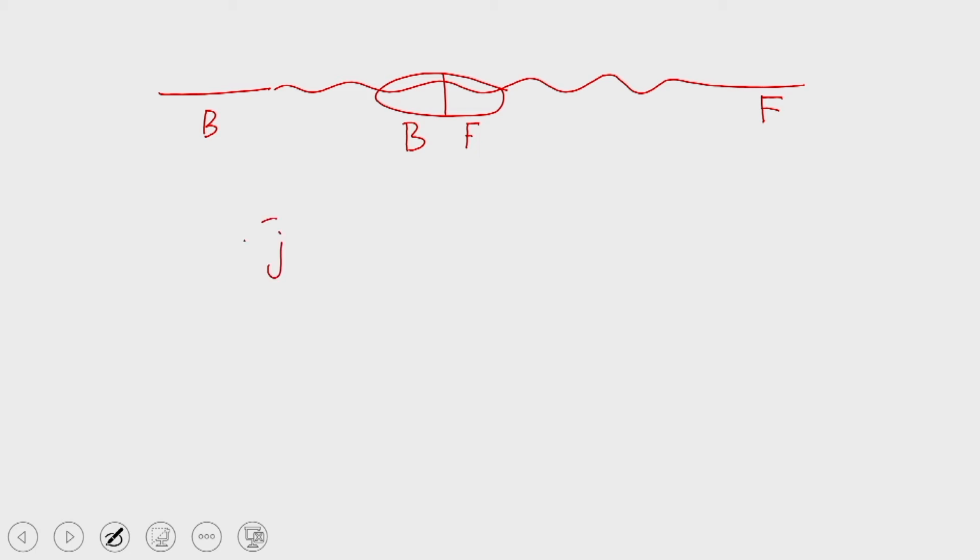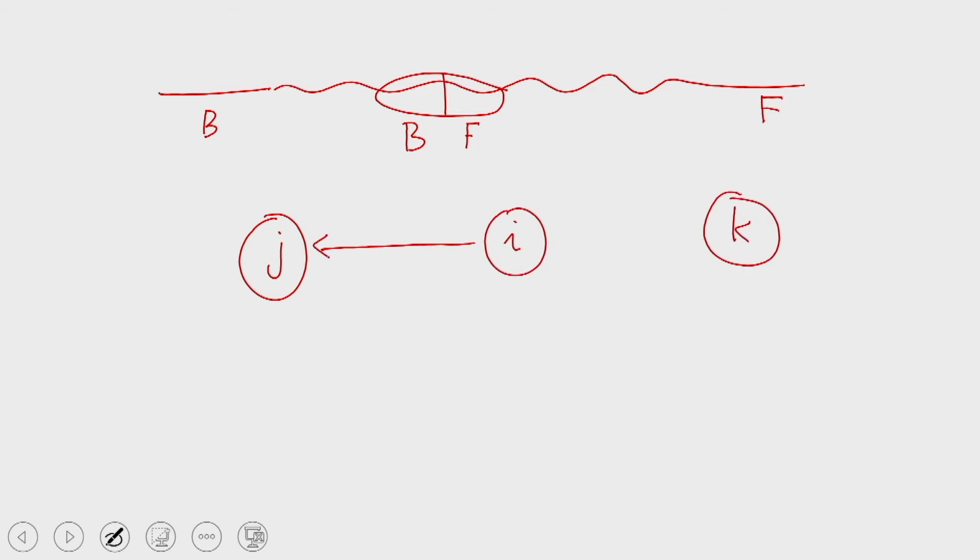Let us say the vertices involved are j, i and k. So in the augmenting path, we have a backward edge from j to i, which means the network in fact has an edge from i to j, and a forward edge from i to k. Now, this is an augmenting path, which means f of ij is greater than 0.